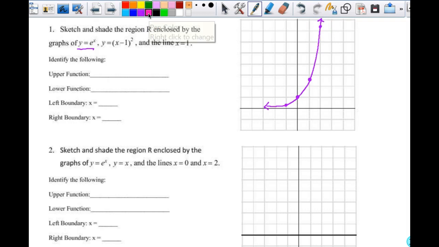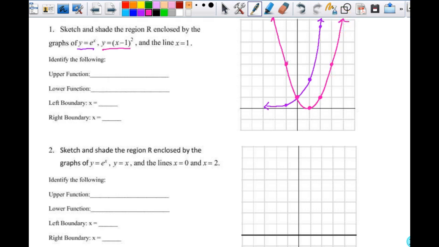Okay, and then this one is just a transformation. That should be a pretty easy thing for you to graph accurately. Goodness. Okay. So much easier on paper.